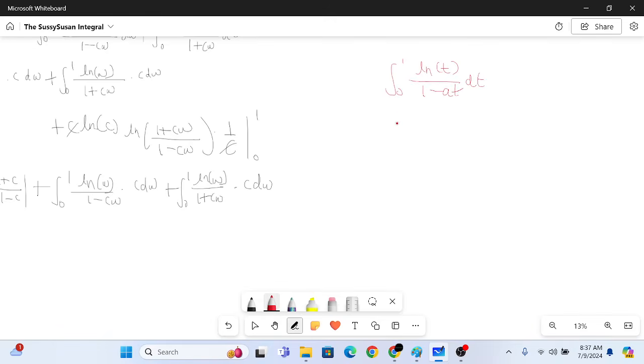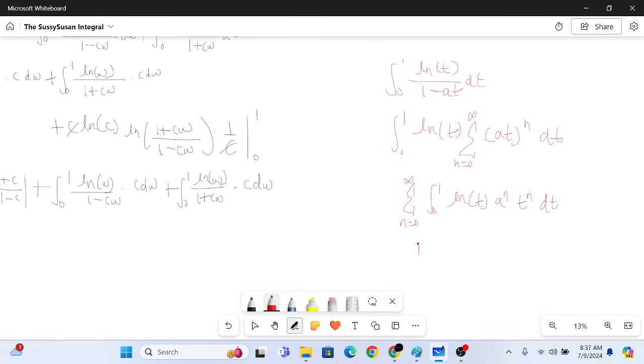Again, we can write this as a geometric sum: the integral from 0 to 1 of ln of t, and this is just the sum from n equals 0 to infinity of a t to the power n dt. Now let's understand the sum and integral. Sum from n equals 0 to infinity, integral from 0 to 1, and then this is ln of t times a to the power n t to the power n dt.